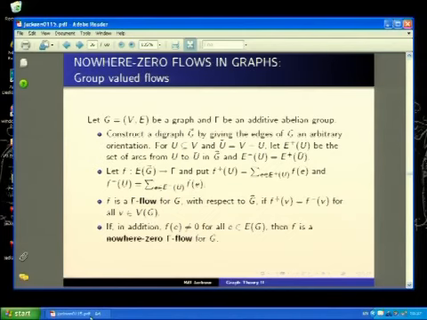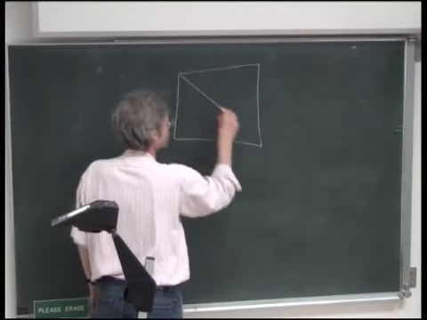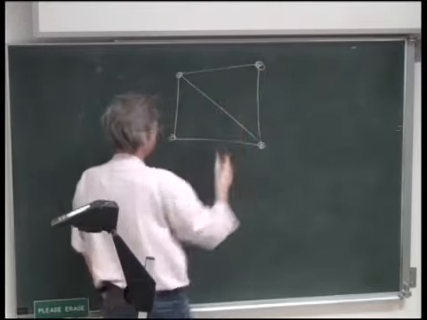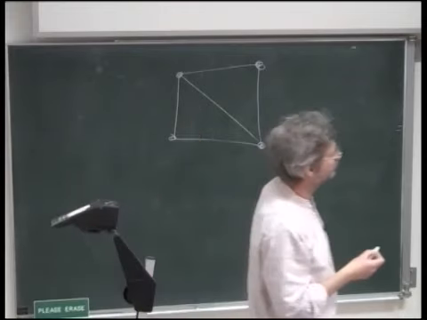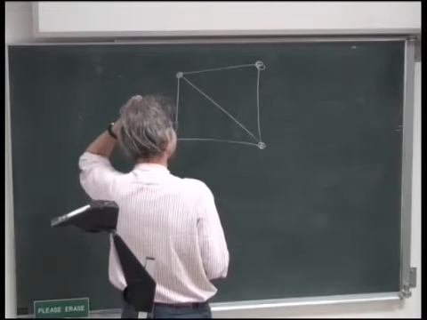So we have an undirected graph G, and I always end up drawing the same graph, the Petersen graph.